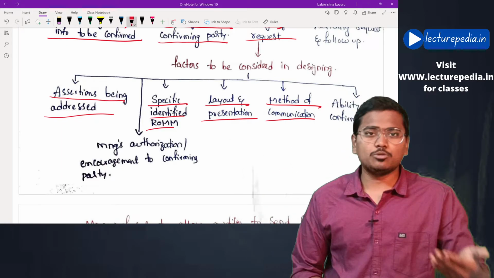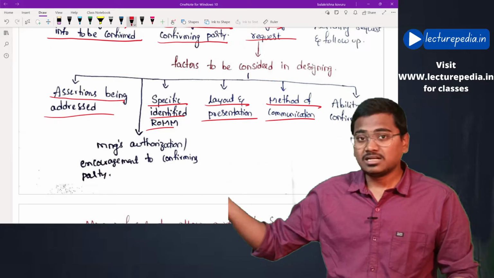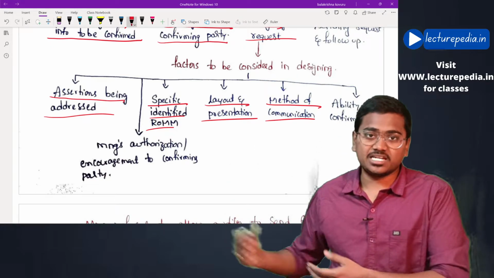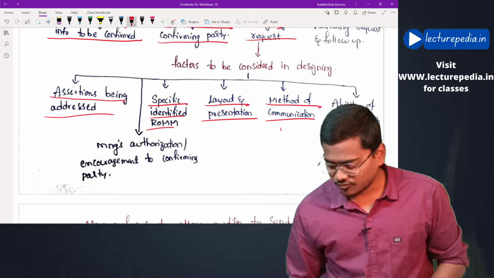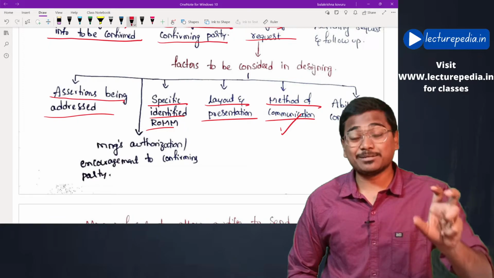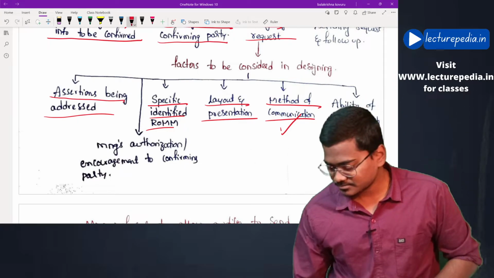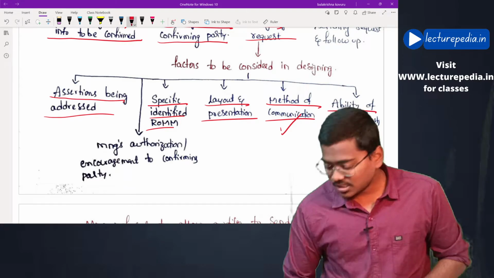Whether he will be using mail, or post, or he will be sending it directly, physically. The method of communication should also be kept in mind while designing the confirmation request.